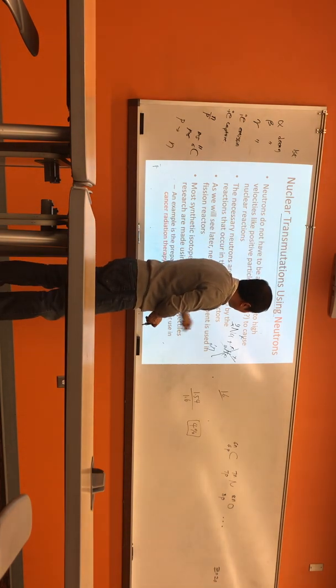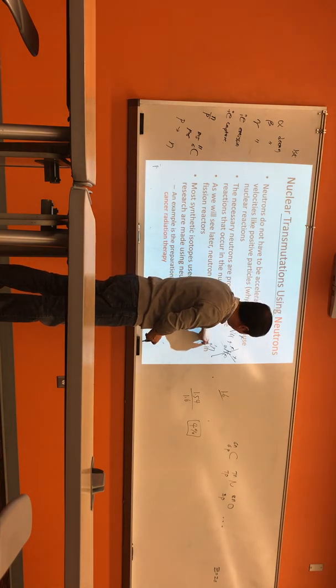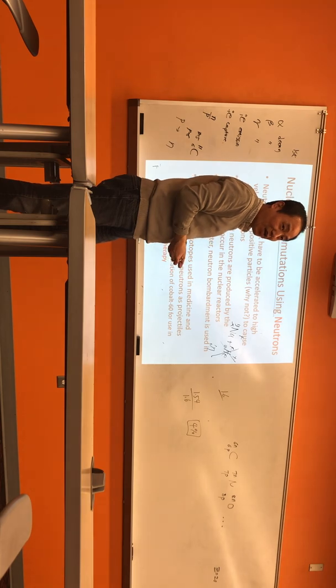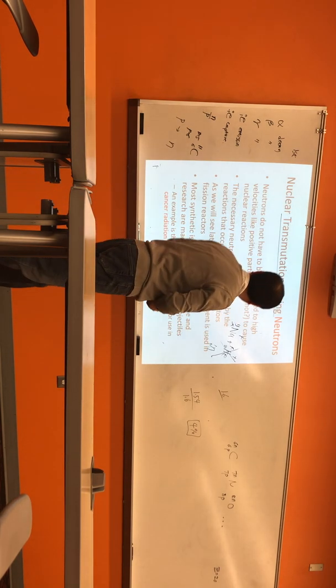So there's no resistance from the opposing nucleus. Because it's neutral, the nucleus will allow the neutron to approach very close. So if you use a neutron, you don't have to use a really high energy accelerator. That's the advantage of using neutrons.